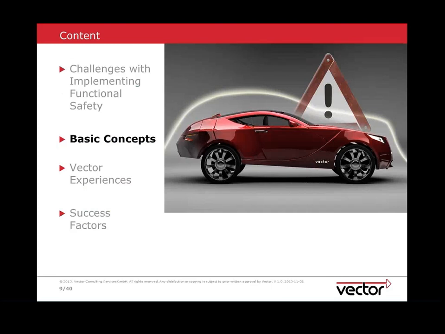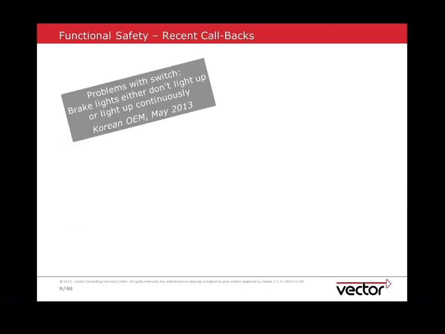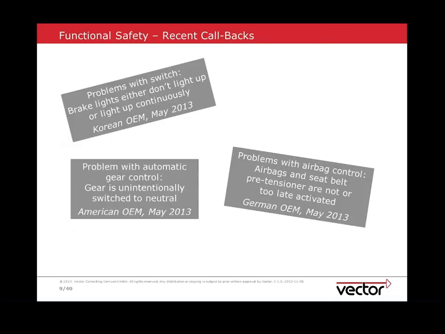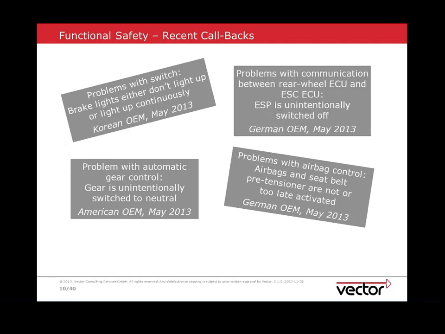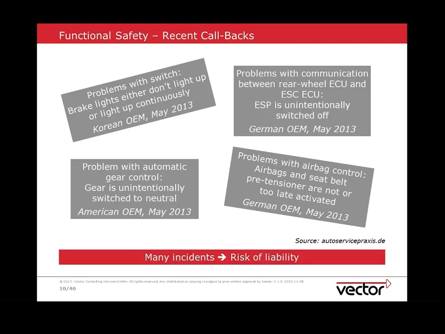I would like to go into explaining the major concepts of functional safety in the ISO 26262. And I guess a good starting point is always to think in terms of what is the risk which we face in the automotive industry. I have just summarized here a set of recent callbacks which we had this year.